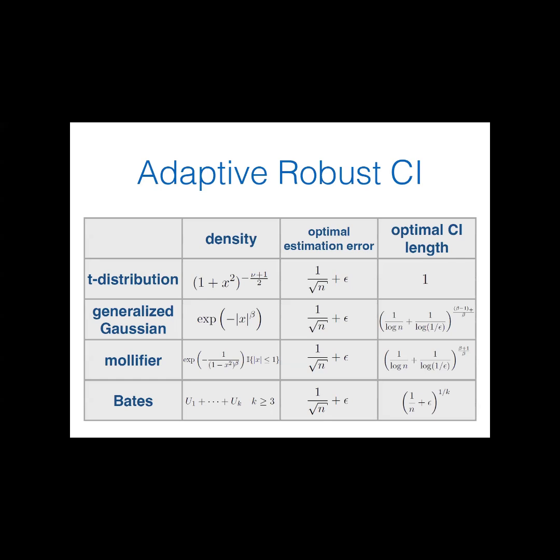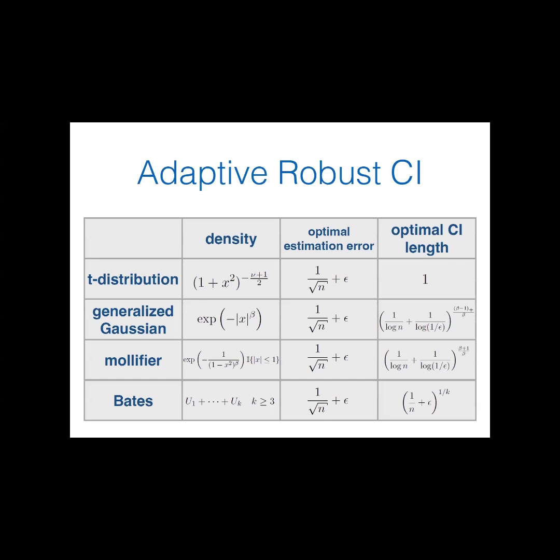And I want you to pay attention to this rate, and in particular this exponent. The numerator of the exponent is the positive part of beta minus 1, right? So this rate goes to 0 as n goes to infinity if and only if beta is strictly greater than 1. That means the Laplace distribution is actually the boundary between what is known as the shrinking confidence interval versus non-shrinking ones, right?